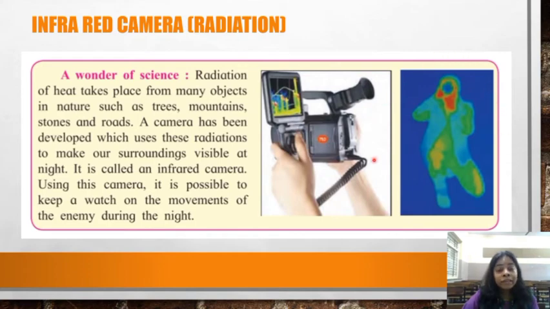The human beings are going to show different types of radiations than the non-living things, than the other small organisms. So children, this is very helpful for us to keep a watch on our enemies, especially in the forest areas. It helps in our military services, children.